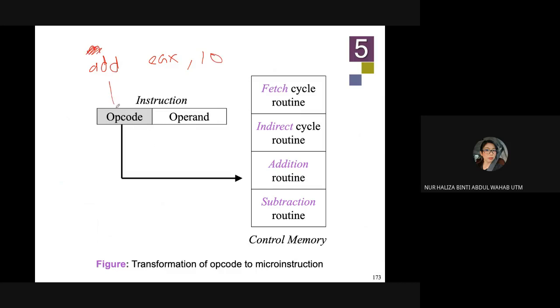This is your opcode, and this is your operand. This is one single instruction. In all of this, you're going to have several cycles: fetch cycle, indirect cycle, execute cycle, and so on.